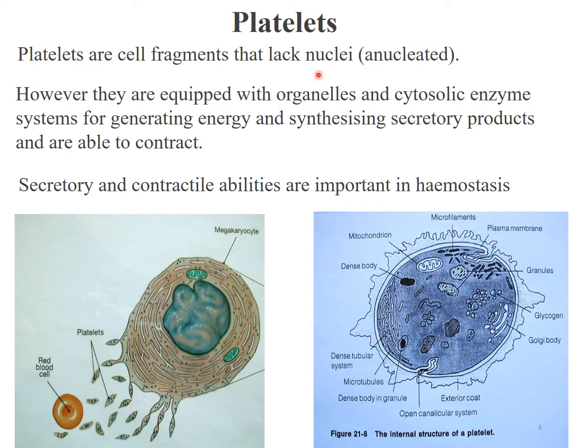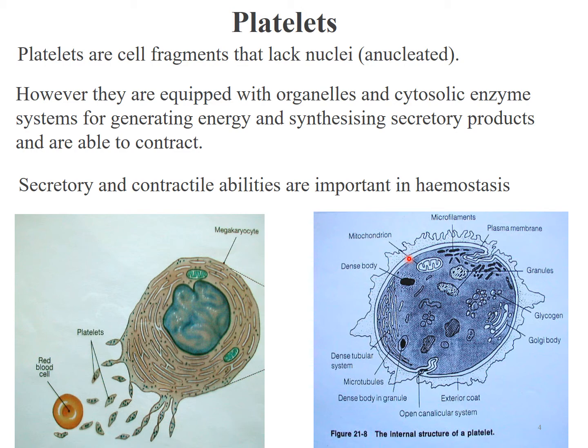However, they are equipped with organelles and enzyme systems that are required to generate energy and to synthesize secretory products. So they are able to contract themselves as well. If you look at this diagram in more detail, you can see clearly the presence of mitochondria for energy production.